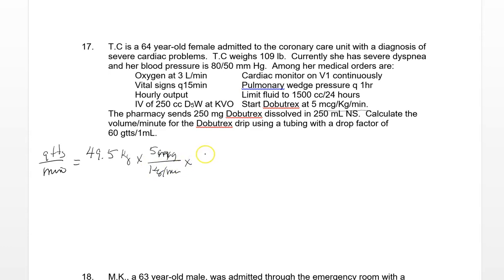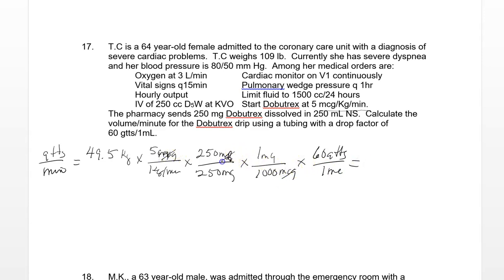And the pharmacy sends 250 milliliters with 250 milligrams. So we need our conversion factor of 1 milligram is 1,000 micrograms. And we need our drop factor here of 60 drops per 1 ml.